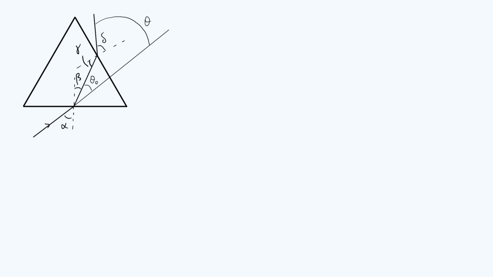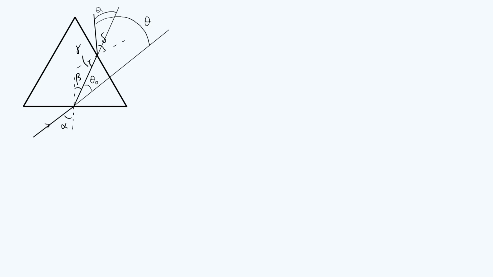Then, if you imagine what happens up at the top here, we could extend this path of the light. If there were no refraction at the second interface, it would just continue along that line. The angle of deflection caused by the second refraction is just that bit there.